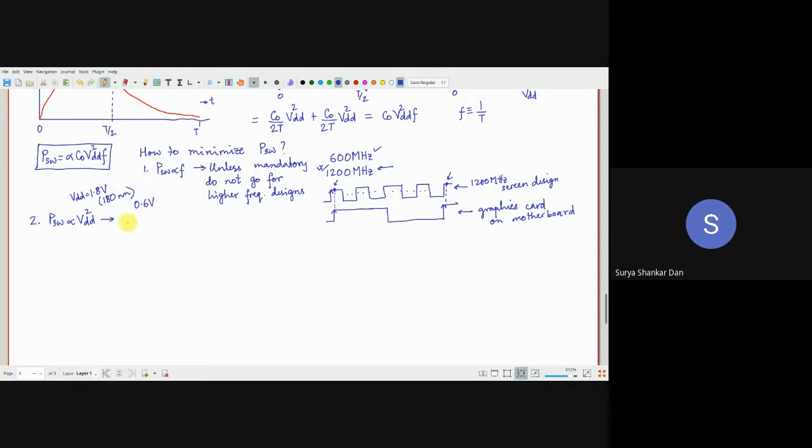That means your current driving capacity will decrease. So what is the net effect of current driving capacity? We will always try to have a higher current driving capacity. So what does it mean essentially? Fan out, excellent. Fan out will suffer.